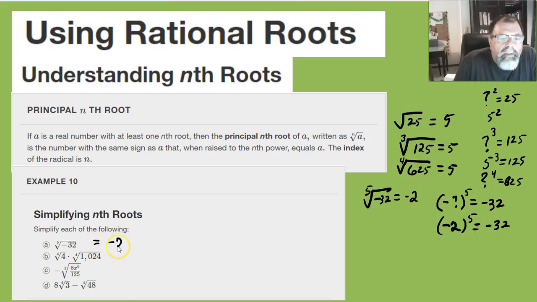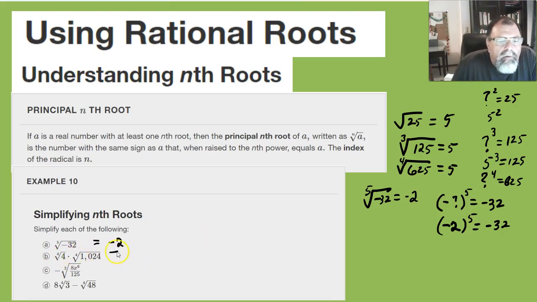Now, I can tie it to my factoring too. I can factor it out, and you can see you have 5 negative 2's in there. So 5 2's inside make 1 2 outside. You can think of it that way. All right, we have 4, and all the rules work the same as long as the indexes, or the indices, that's plural for index, are the same.